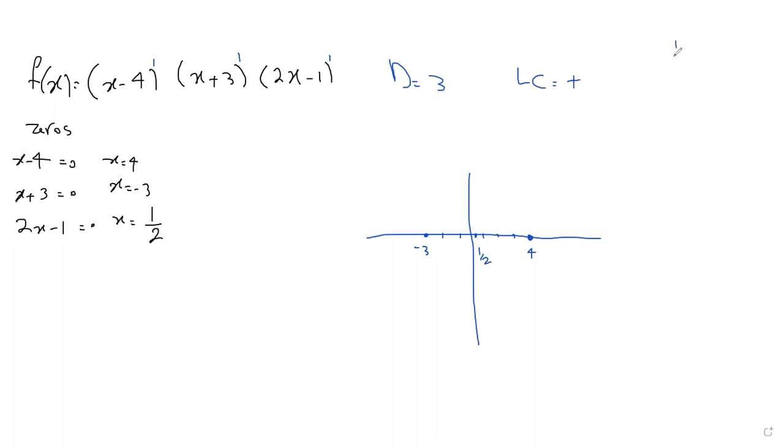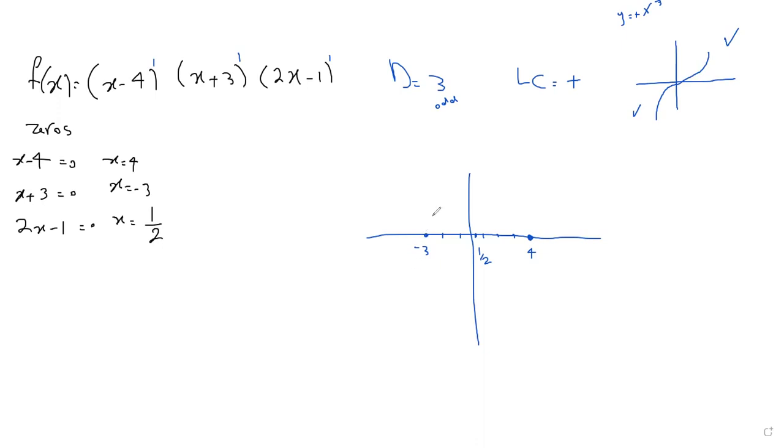Since the degree is 3 and the leading coefficient is positive, I start from quadrant 3 and end in quadrant 1. The example is y equal to x to the power 3. The degree is odd and the leading coefficient is positive, so you start from quadrant 3 and end in quadrant 1.